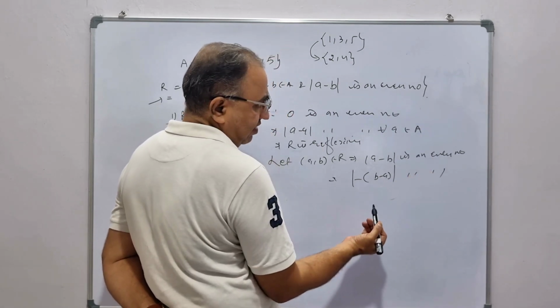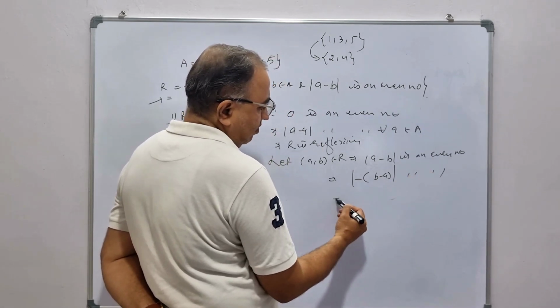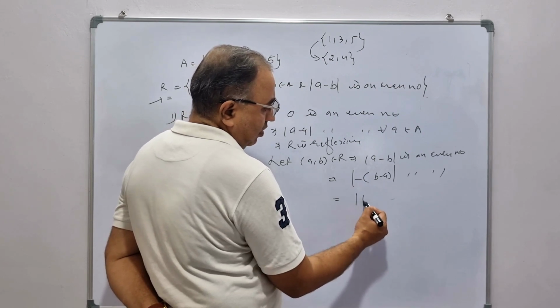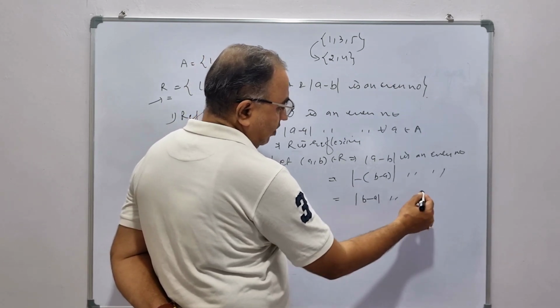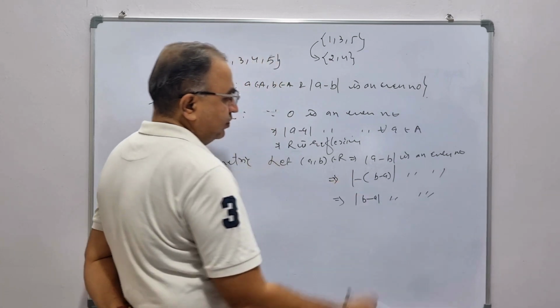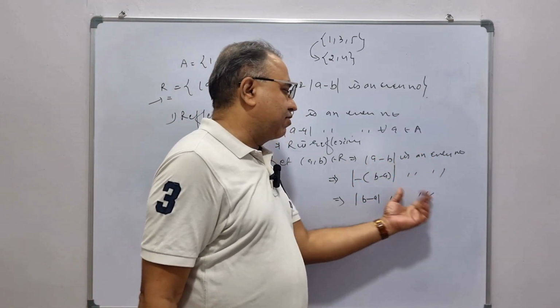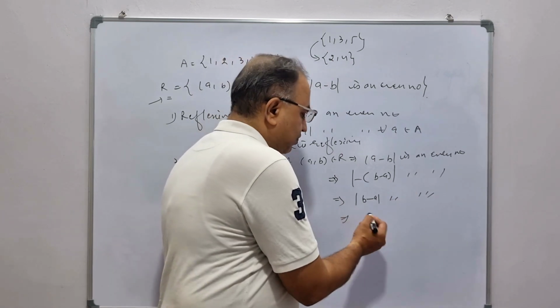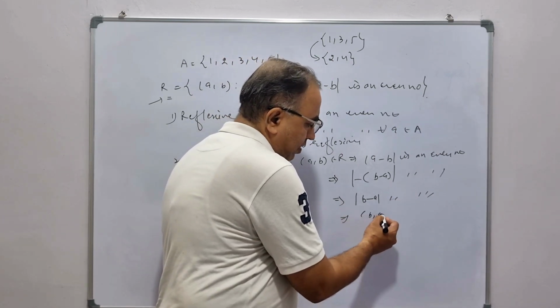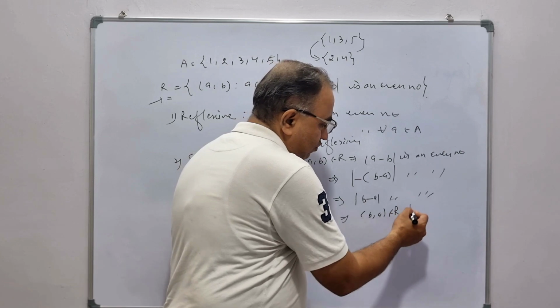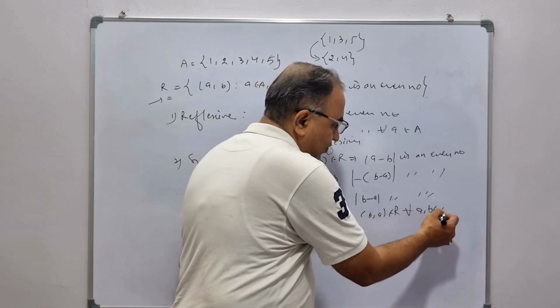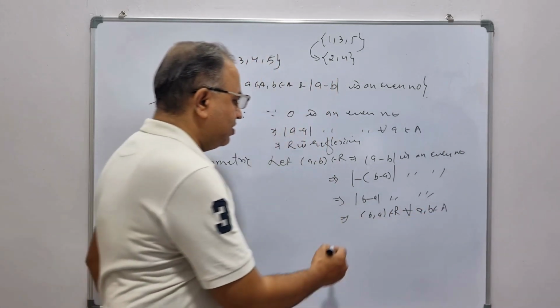And mod of minus is the same as mod of plus. This means mod b minus a is an even number. So whenever mod a minus b is an even number, mod b minus a is also an even number. That means b is also related to a. (b, a) also belongs to R, and it's true for all such a and b which belong to set A. So relation R is symmetric.